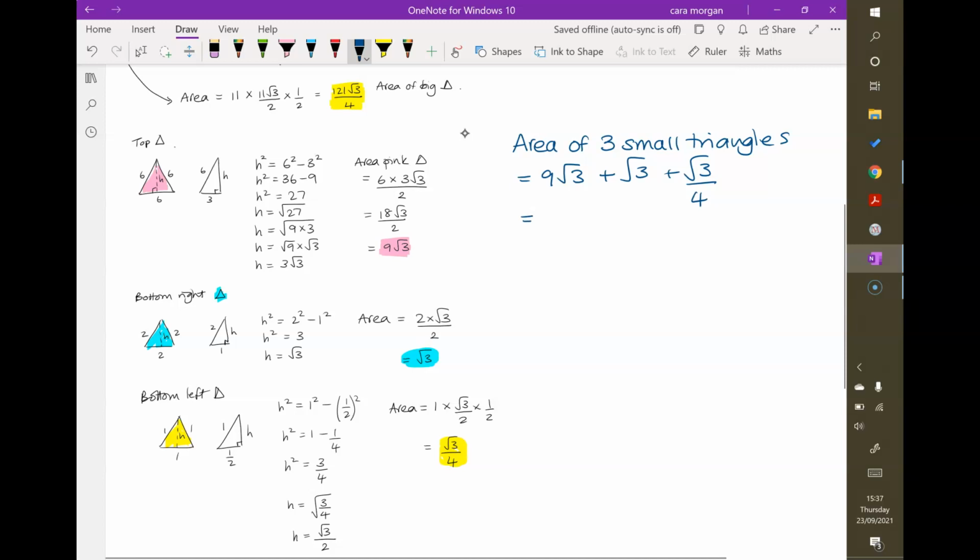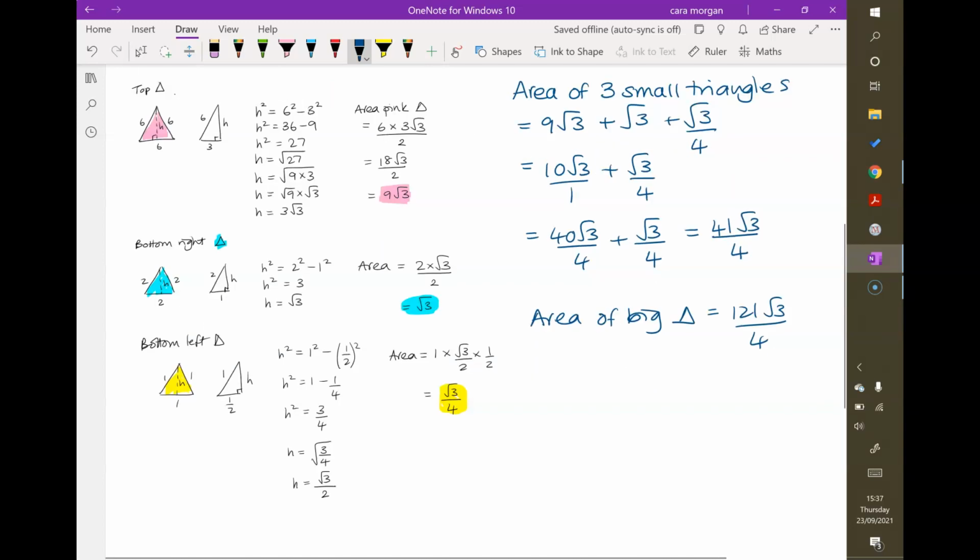So I have got 10√3s, add √3/4. I would really like denominators to be the same there. So I'll have 40√3/4 and √3/4, which means that they add up to have 41√3/4.